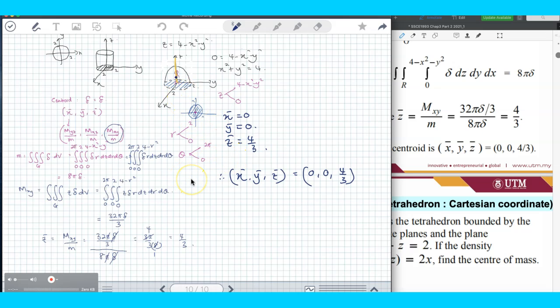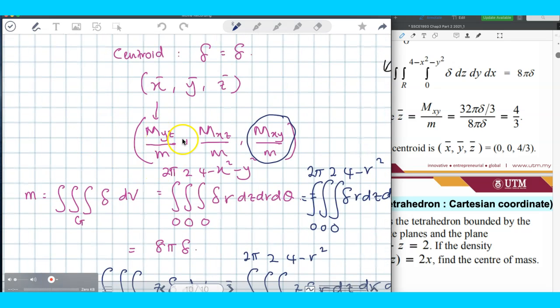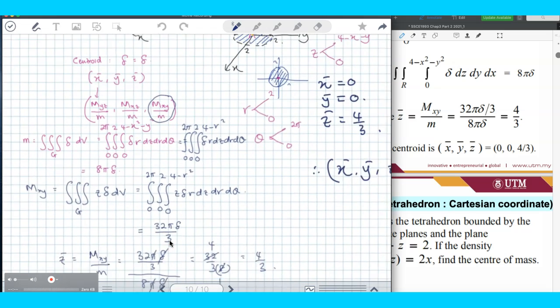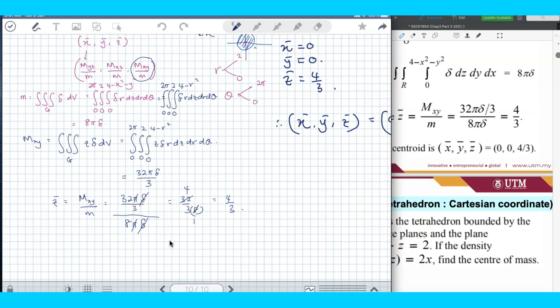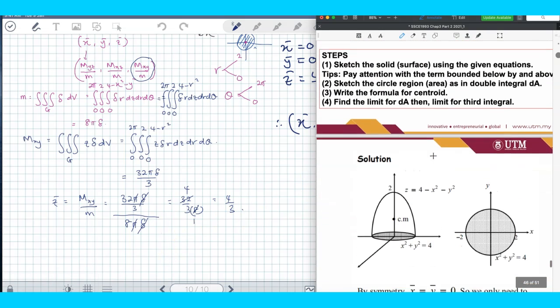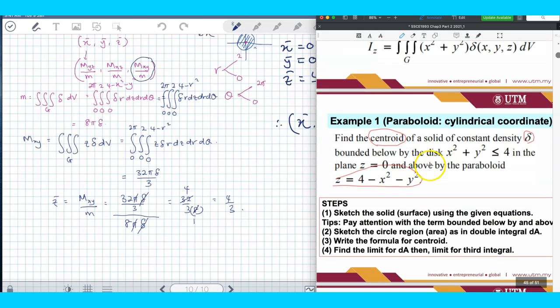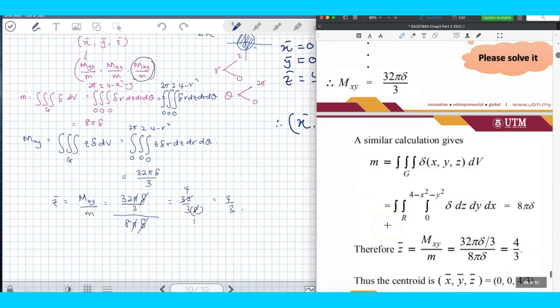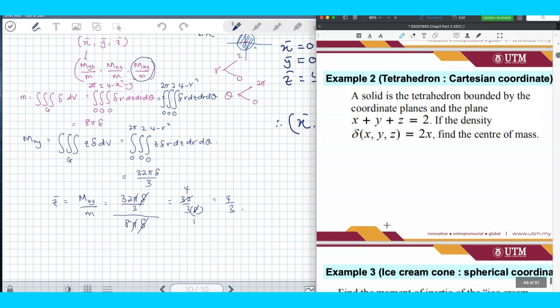But if you want to double check, you can find the moment of mass with respect to yz, and also the moment of mass with respect to xz, and divide them by the mass that we already obtained. I'm sure that you will get 0. You can try. So that is for this particular example, finding the centroid of the solid. Next, example 2.